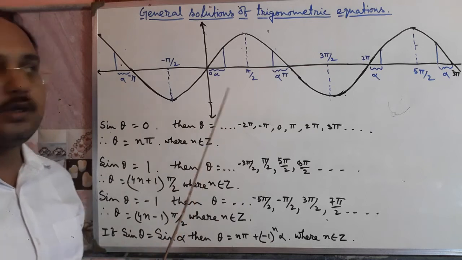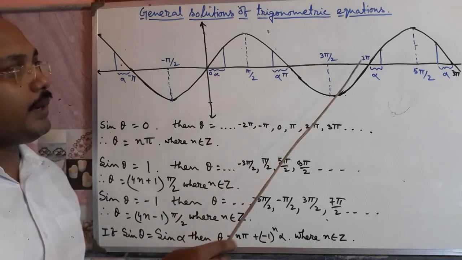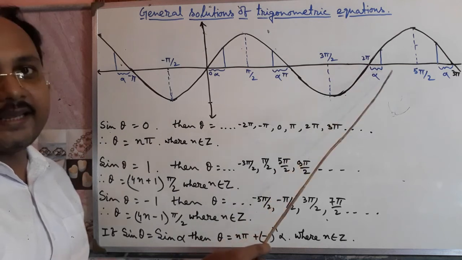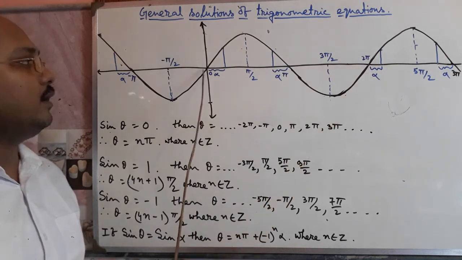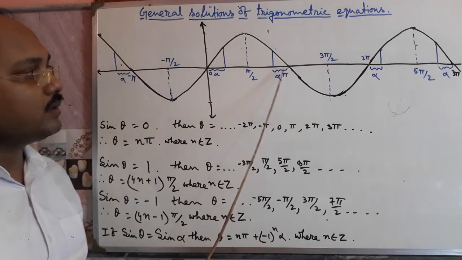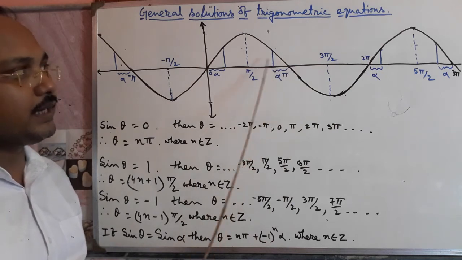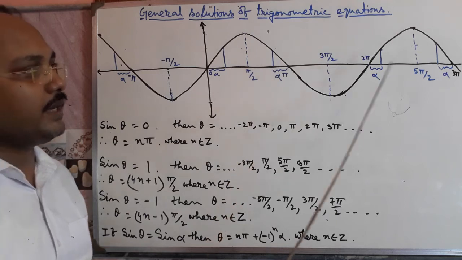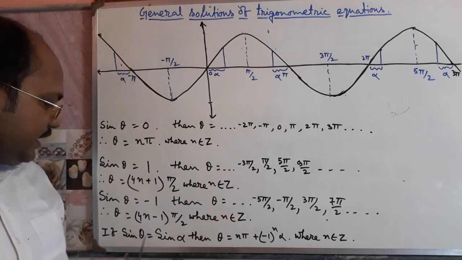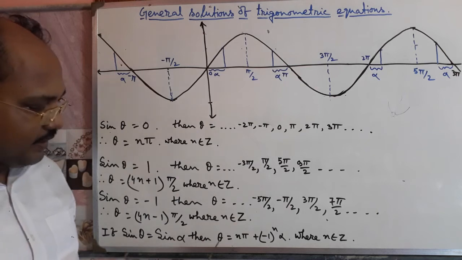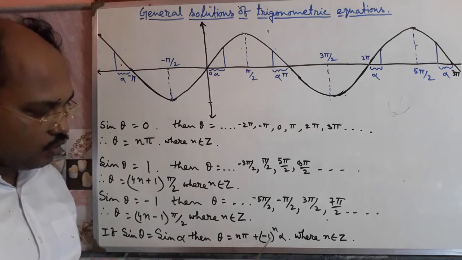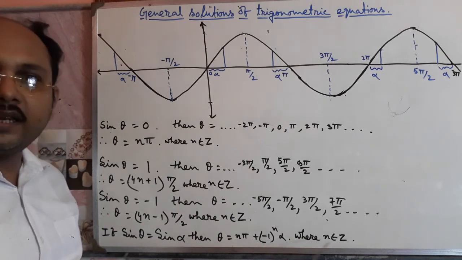That means for even multiples of pi, the angle is added, 2 pi plus alpha, 0 plus alpha, and for odd multiples of pi, alpha is subtracted, that is pi minus alpha, again 3 pi minus alpha. That's why if sine theta is equal to sine alpha, then theta can be written as theta is equal to n pi plus (minus 1) to the power n into alpha, where n belongs to Z.